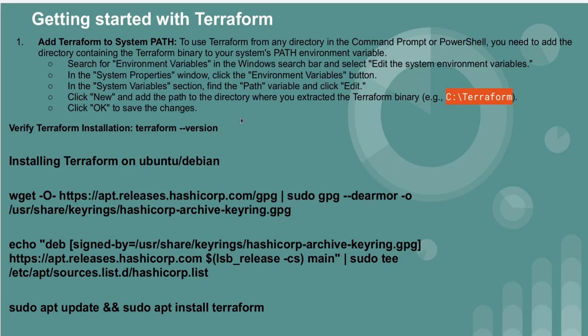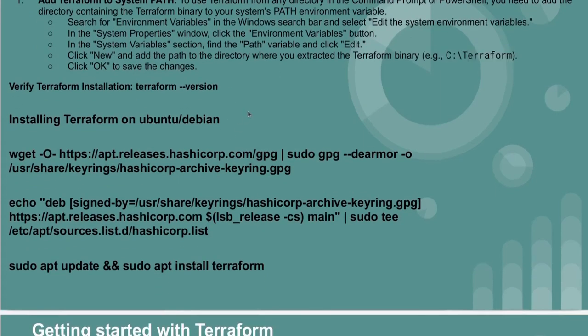Then after that you can successfully install and access it, and you can check the version using Command Prompt or PowerShell on your system. To verify the Terraform version, you can run terraform --version. Now, how can we install Terraform on Ubuntu or Debian?